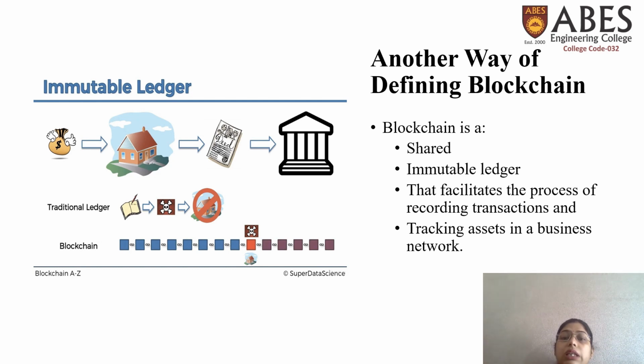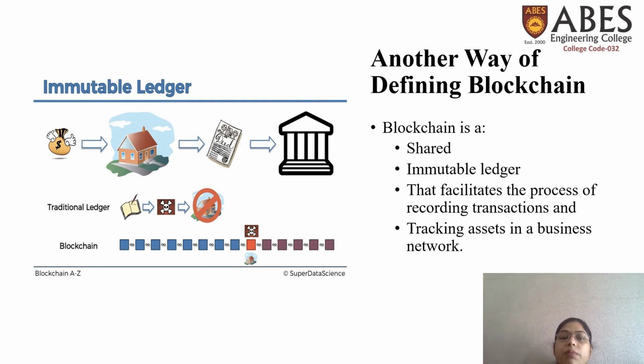The block is inserted in the chain only when it is verified by all the persons that are involved in that transaction. When they verify the transaction, only then that block will be inserted in the blockchain, right? So if I haven't performed any transaction and a new block has been created representing that 500 rupees is being debited from my account, if I haven't withdrawn that money, then I am not going to verify that block, right?